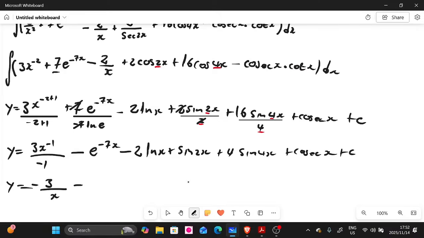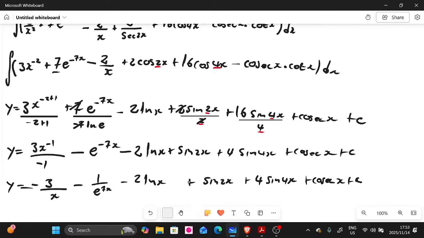And this one is going to be minus 1 over e to the power of 7x, right? Minus 2 ln x plus sine 2x plus 4 sine 4x plus cosec x plus c. Right, so this is our final answer.